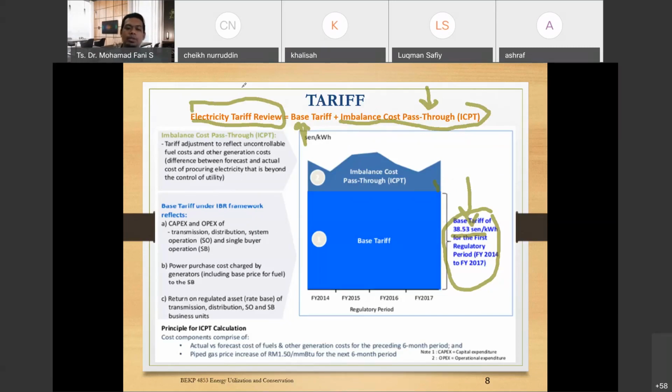It is the difference between the forecast and actual cost of procuring electricity that is beyond the control of the utility.